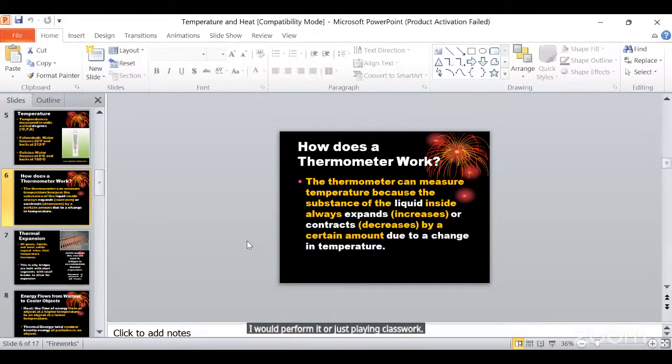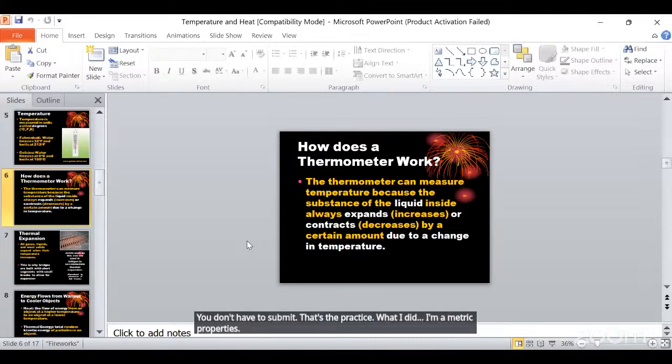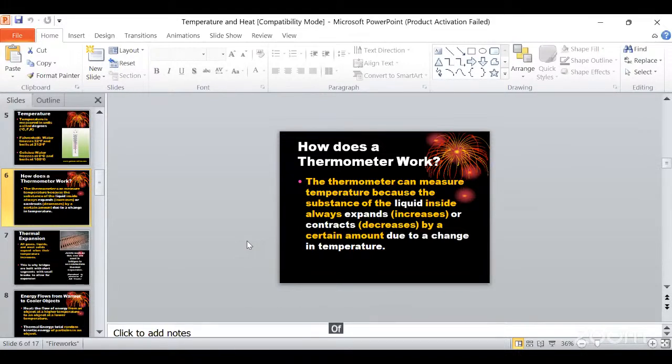What are the thermometric properties of thermocouple thermometer? Just put it down so that you can look for it. Then number 3, state the thermometric property of resistance thermometer.